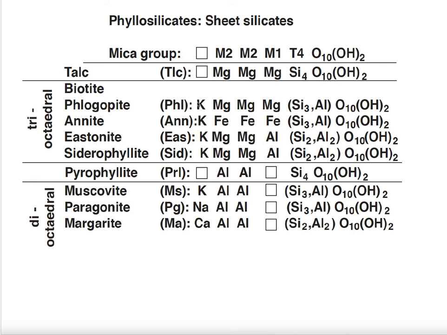There are now, I think, 2 or 3 typos within the presentation. I will fix these typos and send the PDF to you, but I have mentioned it when we went through. For example, the siderophyllite is supposed to be the iron-rich end member of the eastonite.